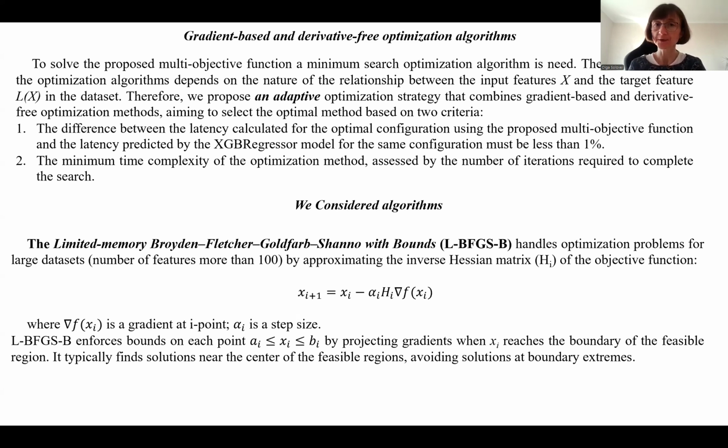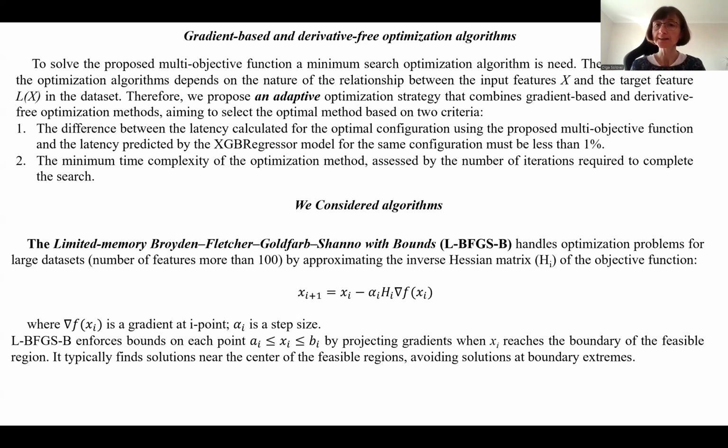The first is that the difference between the latency value calculated for the optimal configuration found with our model and the latency predicted by the machine learning algorithm XGBoost regressor must be less than 1%. And then the minimum time complexity of the optimization method is selected by the number of iterations needed to complete the search.